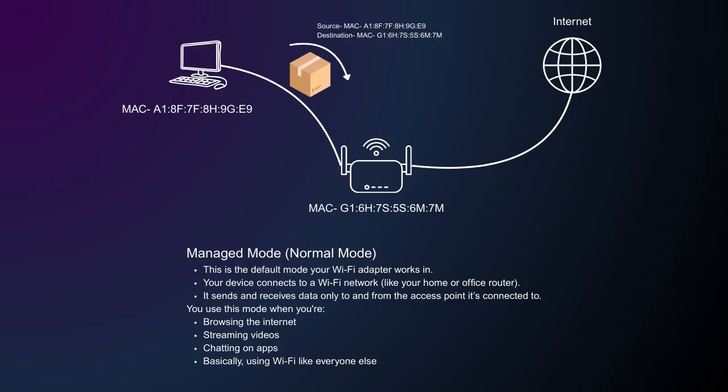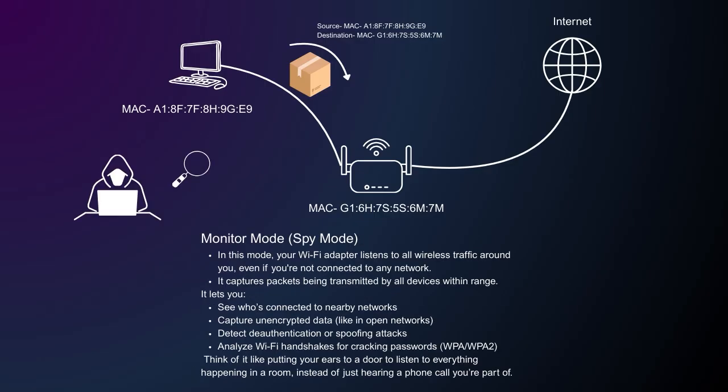So managed mode comes by default in our network adapters, and we have to change it to monitor mode. Now monitor mode doesn't come by default in all adapters, so you may need an external Wi-Fi adapter that supports monitor mode. I have a network adapter right here connected to my machine, and we will change it to monitor mode, and I will show you how you can change it to monitor mode. But before changing its mode, let's discuss what monitor mode is.